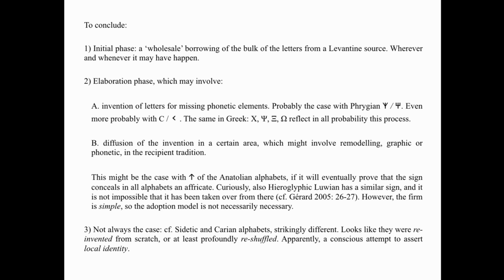And the evidence of the Carian and Sidetic alphabets, in which we have actually these two systems profoundly different, or at least reshuffled, shows that relying simply on graphical similarity is not a good way. So I would like to leave this question open.